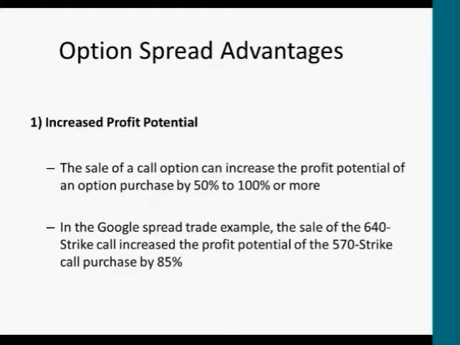Just to recap these option spreads, the first advantage is that the sale of the call option can increase the profit potential of an option purchase by 50 to 100% or more. And we saw in the example of Google, it increased the existing profit potential by 85%.